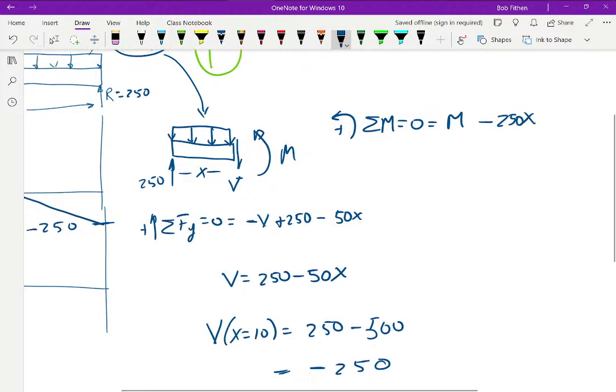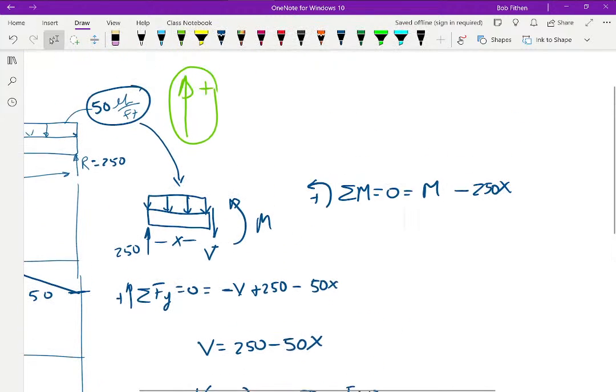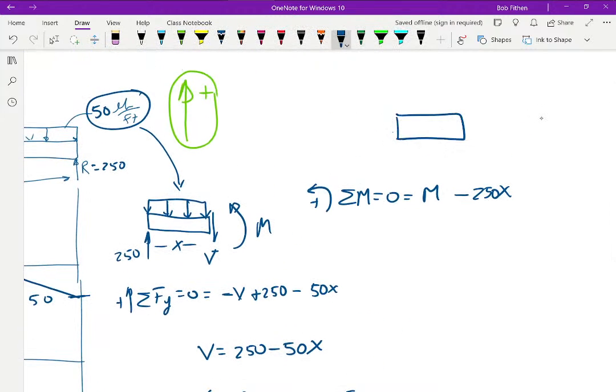Now, what I've got to do in this proportion is the beam sits here. Equivalent load to that sits there. It's actually 50 times x. Its distance is x over 2. So what you get, and it is going in this direction. Sorry.